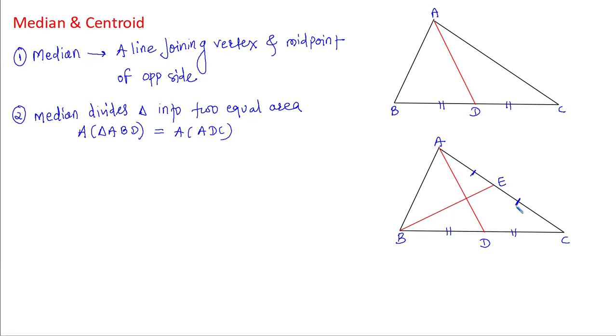Over here we can draw one more median from vertex C. So the property is, in a triangle we can draw a total of 3 medians, and all 3 medians of a triangle pass through the same point.